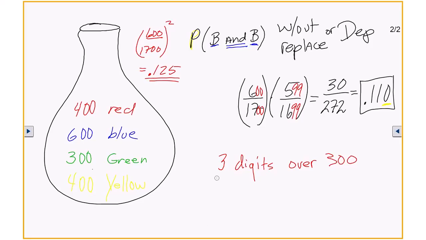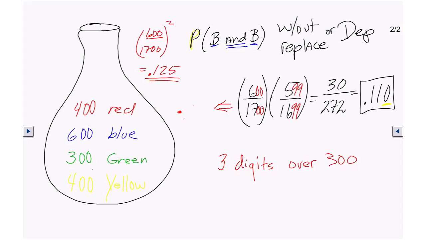Okay, now somebody do this one. 600 over 1700, put it in parentheses, times parentheses 599 over 1699, close parentheses. Tell me what you get. 3 digits. 0.124.